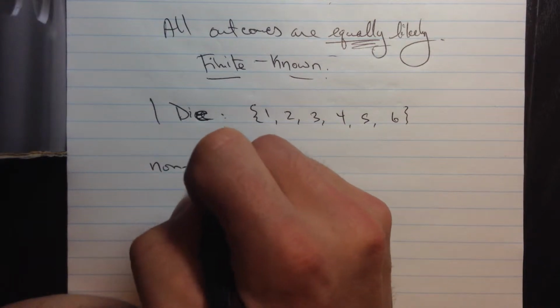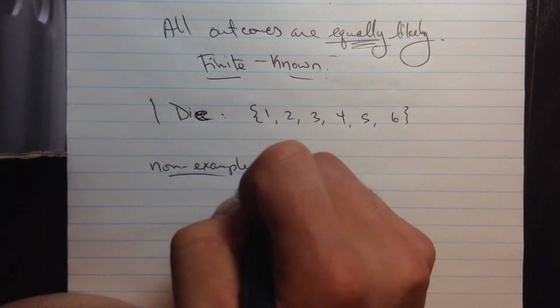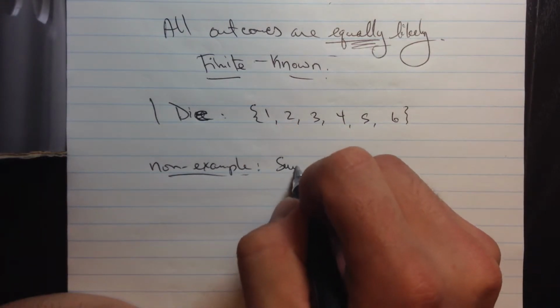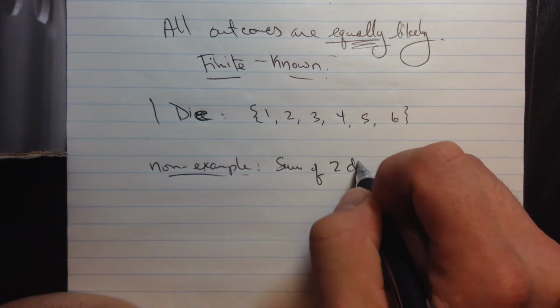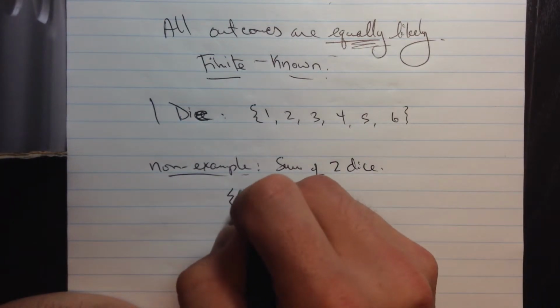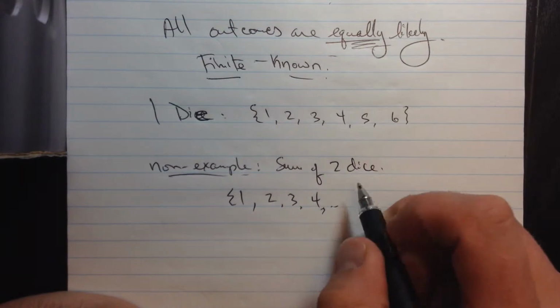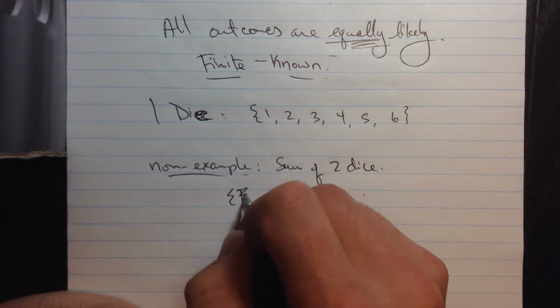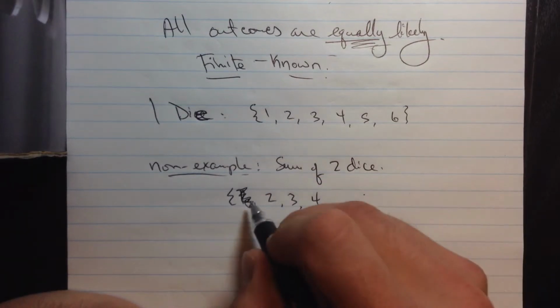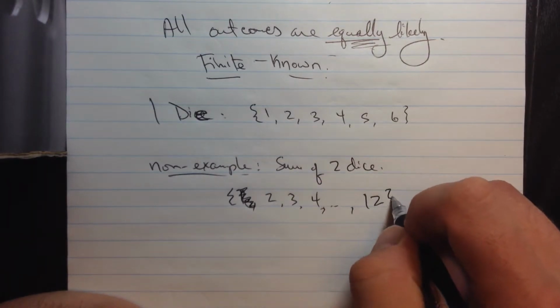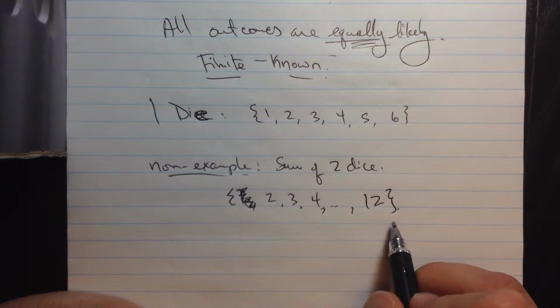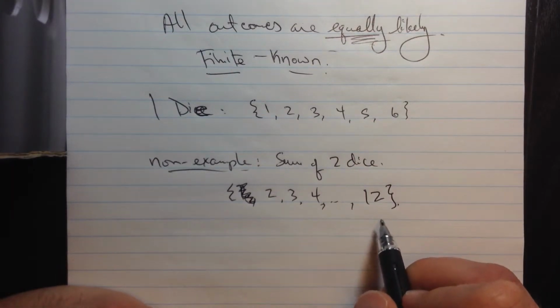I'm going to give you a non-example, and that would be the sum of 2 dice, because that list of outcomes is 2, 3, 4, and so on up to 12. Sorry, can't roll a 1 with 2 dice. These outcomes are all possible, but they're not all equally likely.